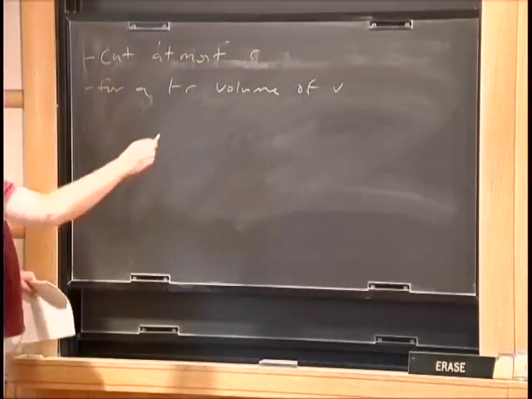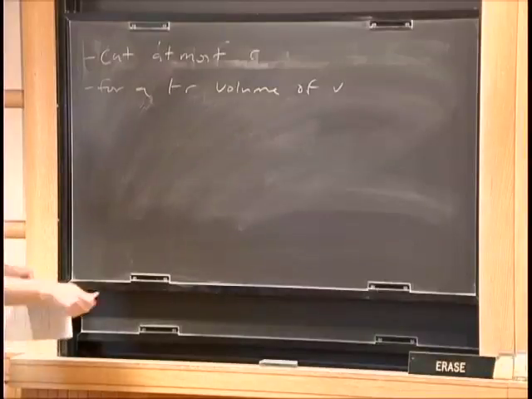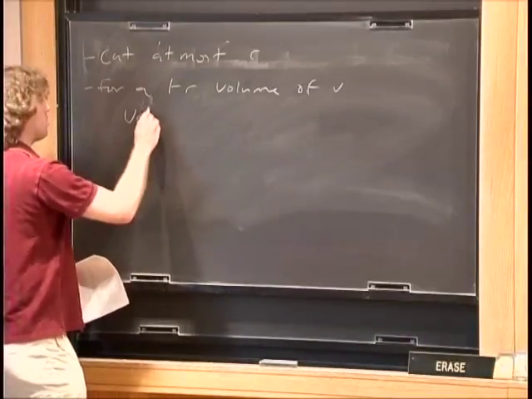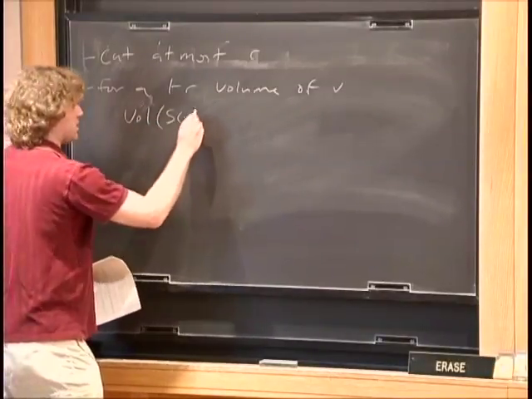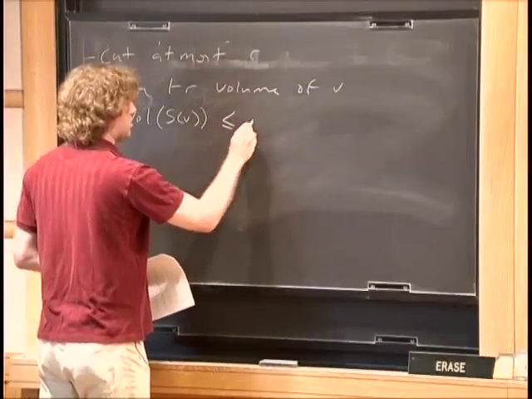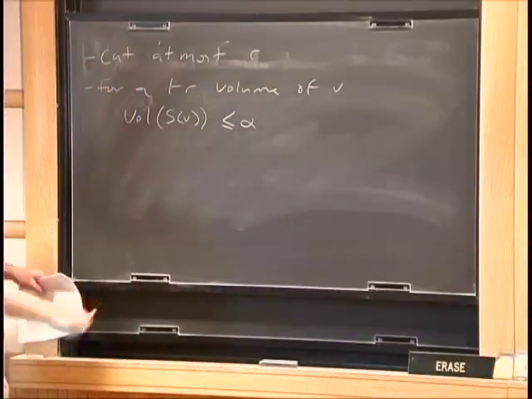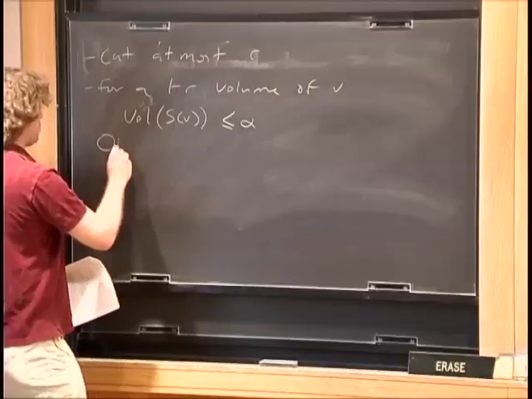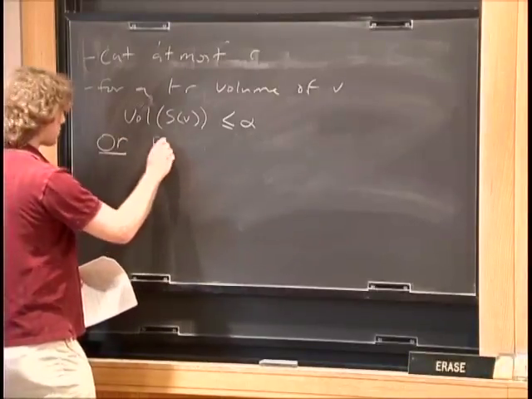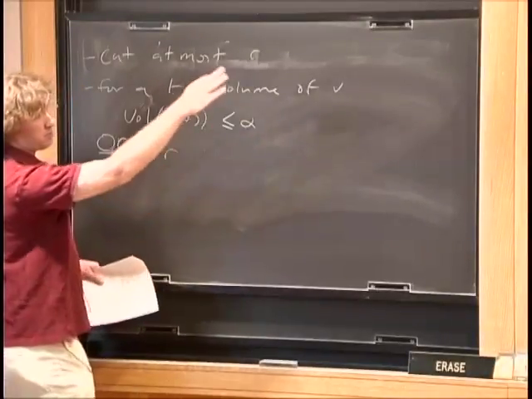But here for a 1 minus R volume of vertices V, we have either that the volume of V's set is at most alpha, or the same probability bound.